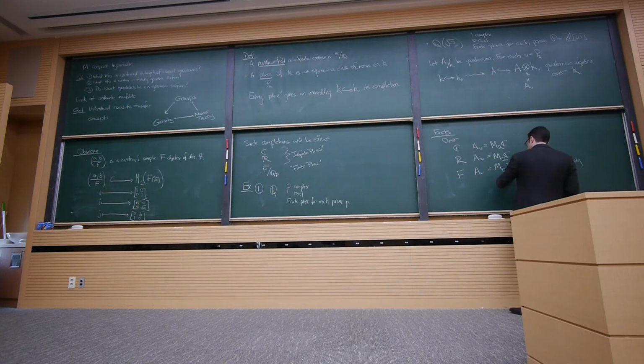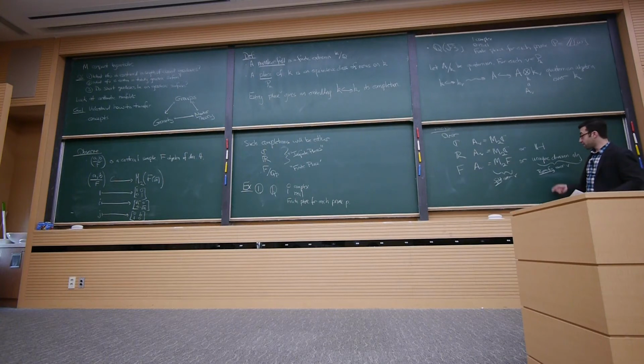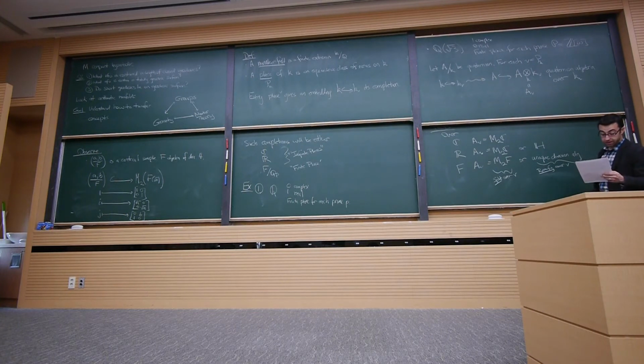If you're of this type, we say that you split over V. And in this kind, we say you ramify over this place. So that's important lingo. Splitting means you go to your matrix algebra. Ramifying says you stay division.